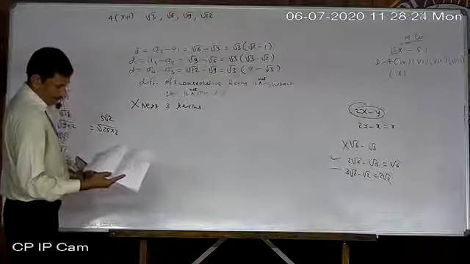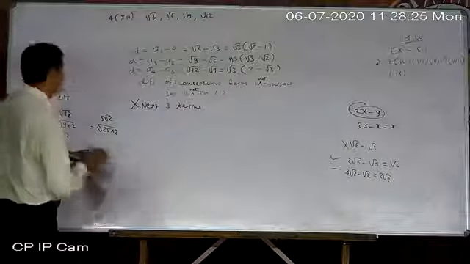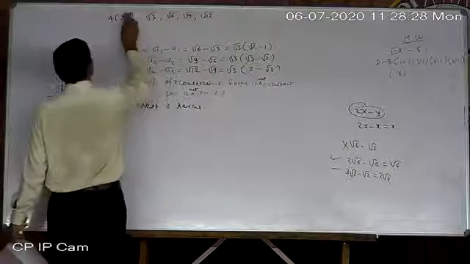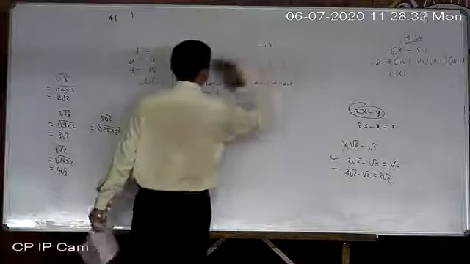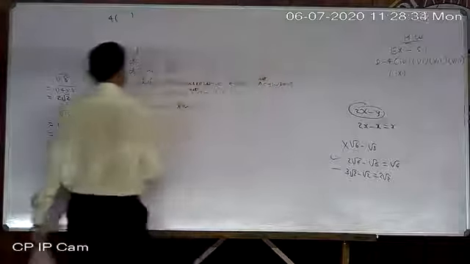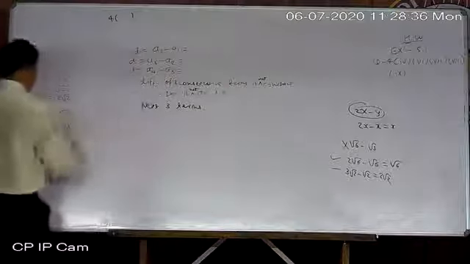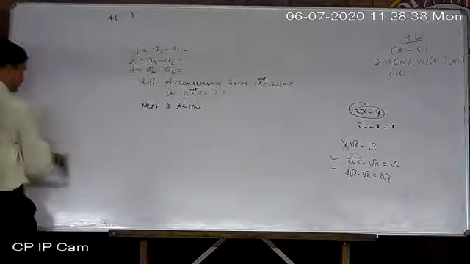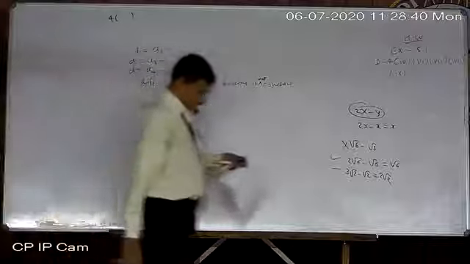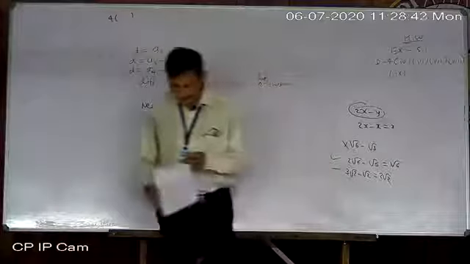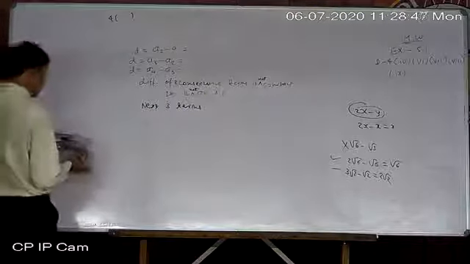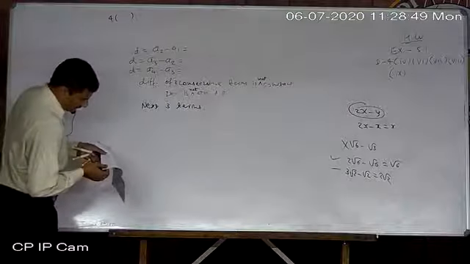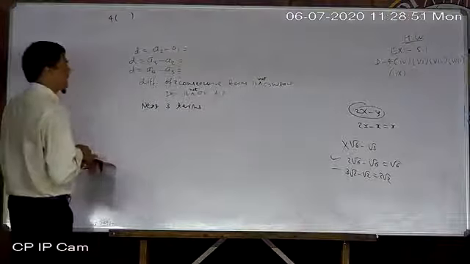Now, next one, 14. Okay. Look at 14. Here also, something is given in exponential form. 1 square, 3 square, 5 square, 7 square like this.